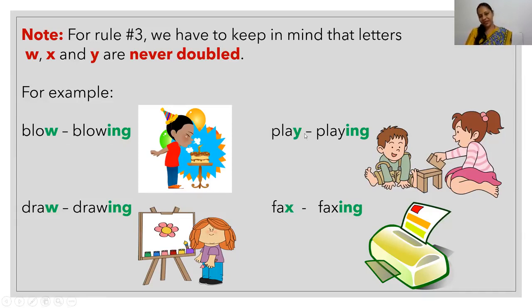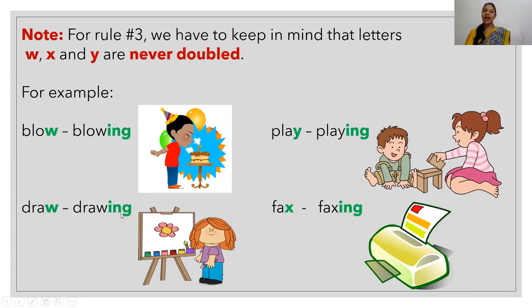Similarly, play. Here, there is a single vowel A before letter Y, but we never double the letter Y. So the ing form of play would be P-L-A-Y-I-N-G. Next, draw. Here again, there is a single vowel A before letter W. But since W is never doubled, we will write D-R-A-W-I-N-G.